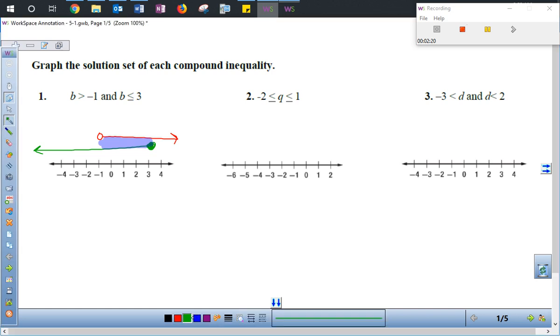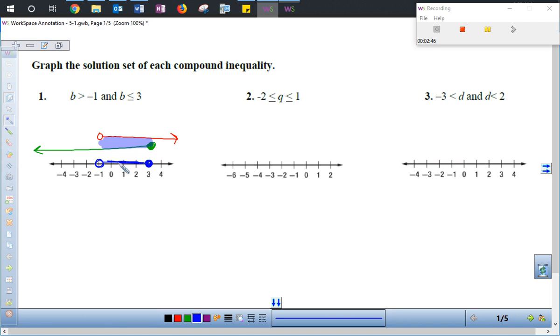So just that space of where they're overlapping is what I want to graph. So on my actual graph, I'm going to start graphing with the open dot over -1, and I'm going to stop on +3 with a closed dot. Then I just fill in between.